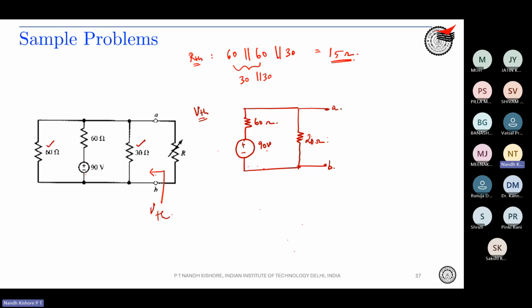No current is obviously flowing through A, no current flows through this. So what is your voltage across 20 ohms by potential division rule, right? VAB is what? 90 into 20 by 60 plus 20. Is this fine with you?